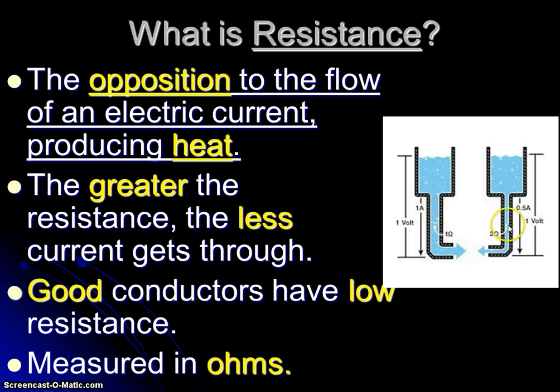Here you have 2 ohms, which is allowing for a much smaller flow. This is a very basic illustration to show that flow of electric current. Okay, 1 ohm, low resistance, 2 ohms, a little bit higher resistance, showing the difference in that flow of current measured in ohms. Very important.